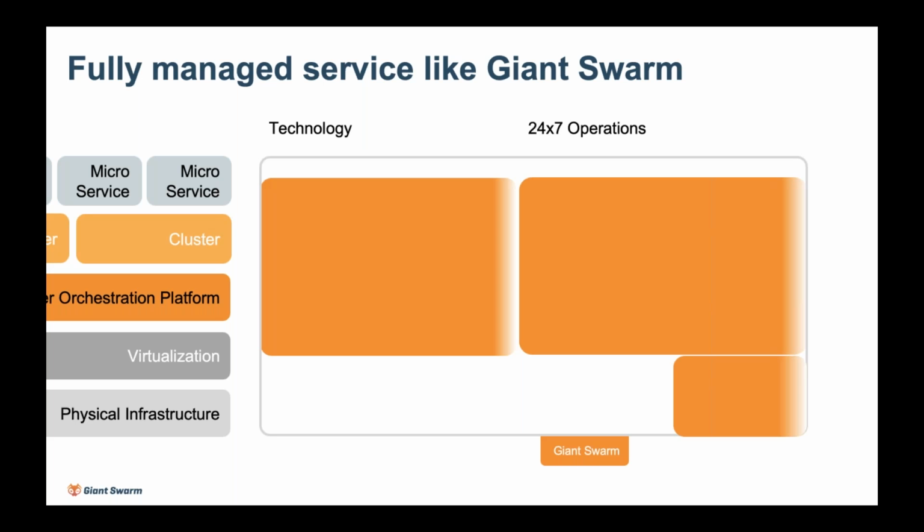So we make sure that all customers always stay up on the 2 latest versions of Kubernetes, and especially Giant Swarm versions, that are a defined set of Kubernetes and 20-30 additional applications. They always stay up to date to make sure that there are no security issues, no performance issues, and so on and so forth. So if you want to stay on an older version for longer, then that's something that you might find to be more applicable to a different scenario.